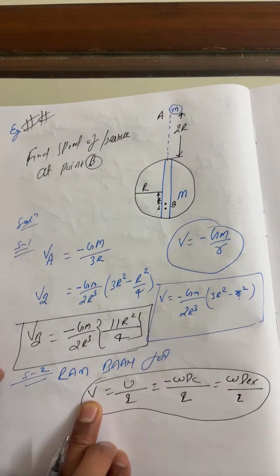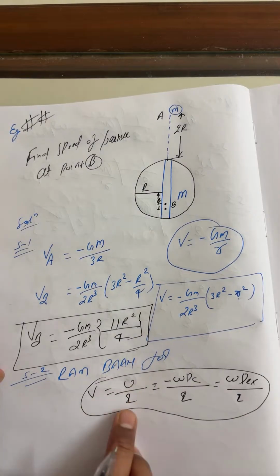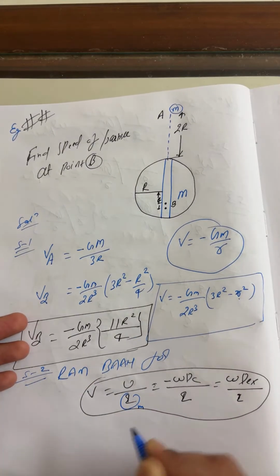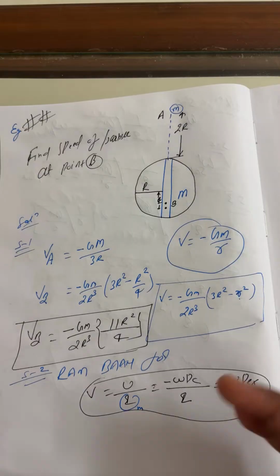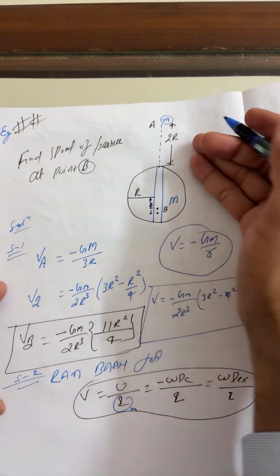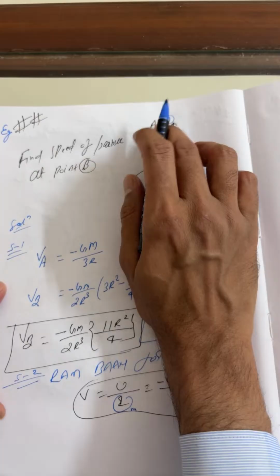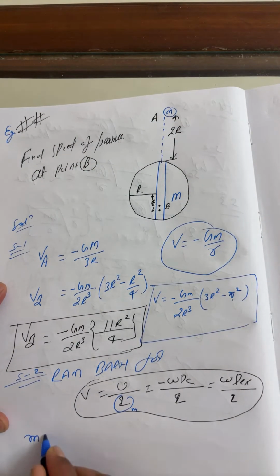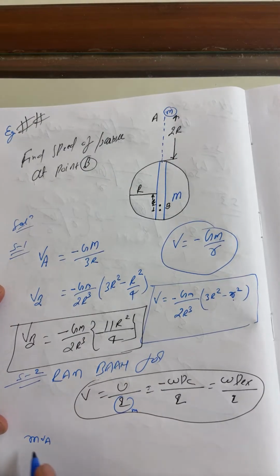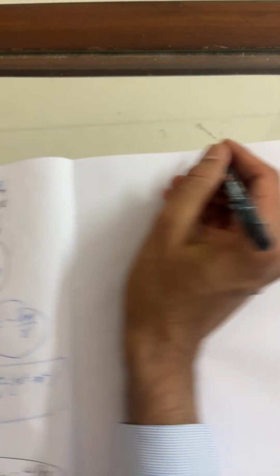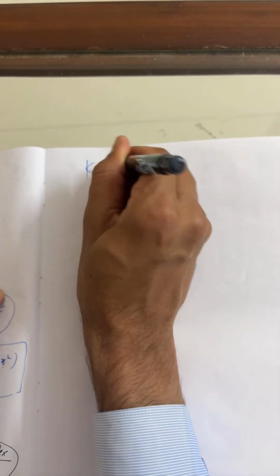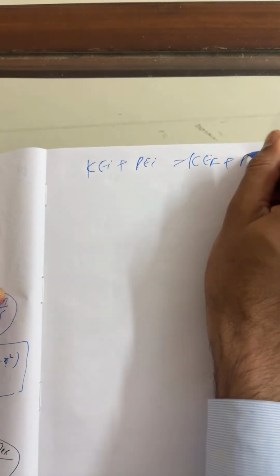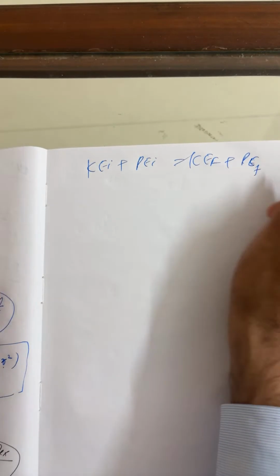Here it is gravitational potential, or gravitational potential energy, and charge you can replace by mass. So the particle initially has only gravitational potential energy at point A. I'll write here: kinetic energy initial plus potential energy initial equals kinetic energy final plus potential energy final.